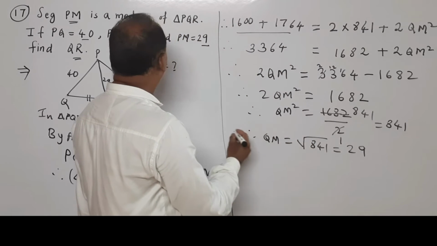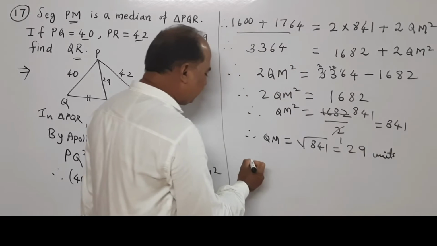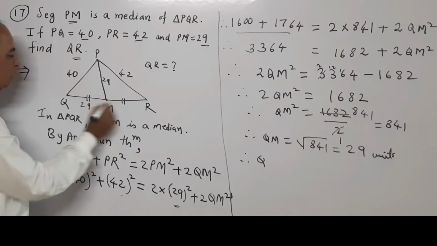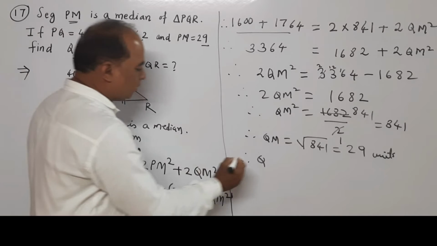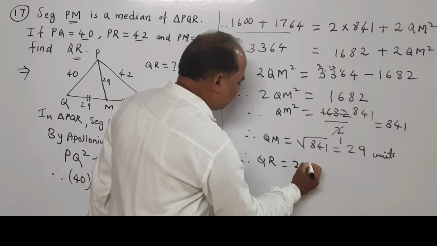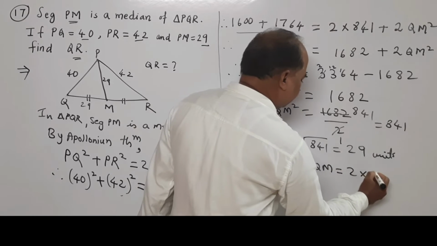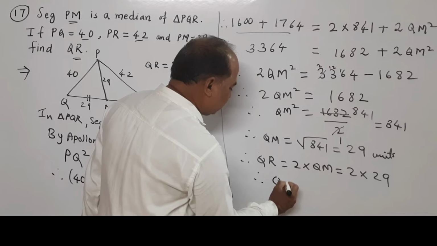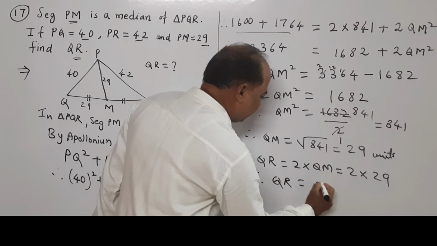So here QM is 29 units. Now QR is double of QM since M is a midpoint. So QR is equal to 2 into QM, which is equal to 2 into 29, which is equal to 58 units.